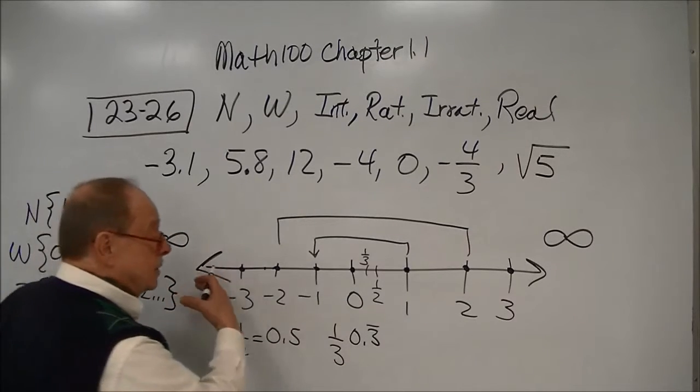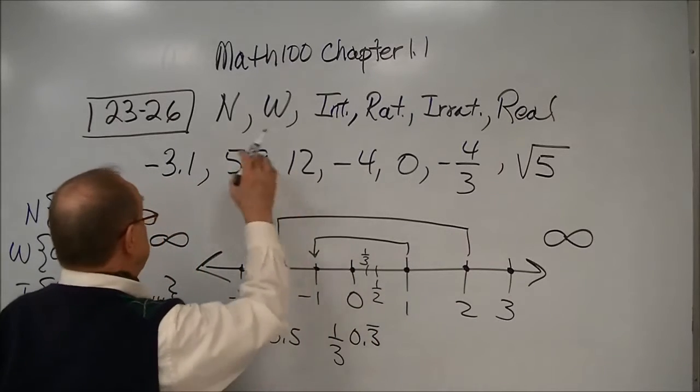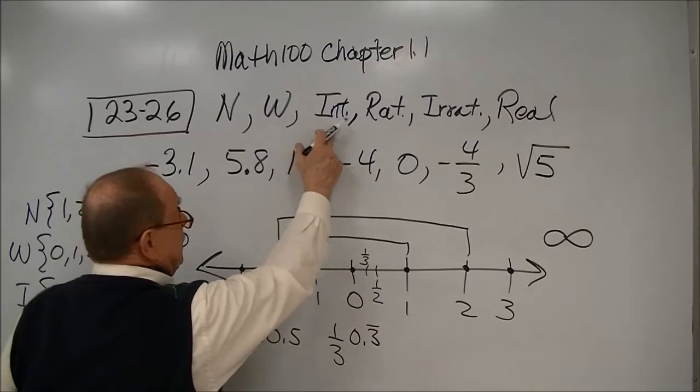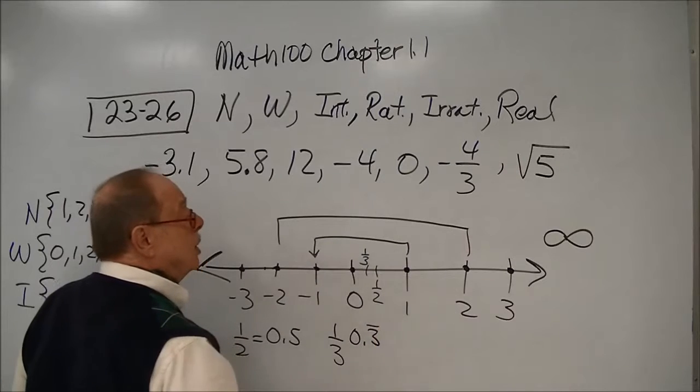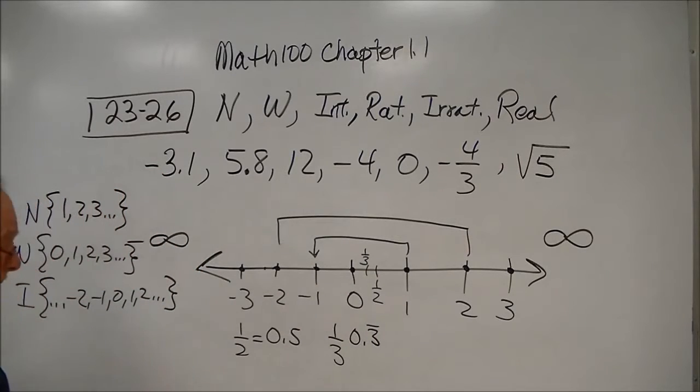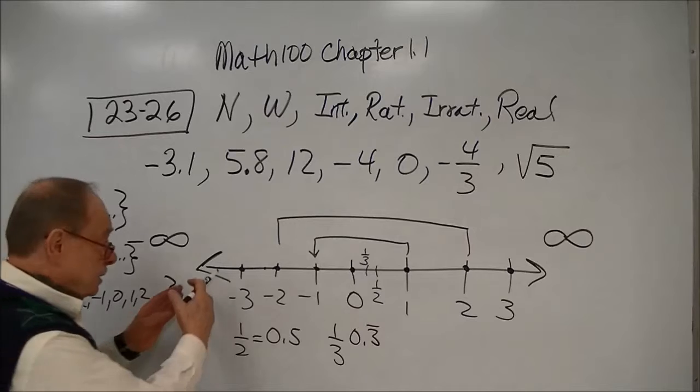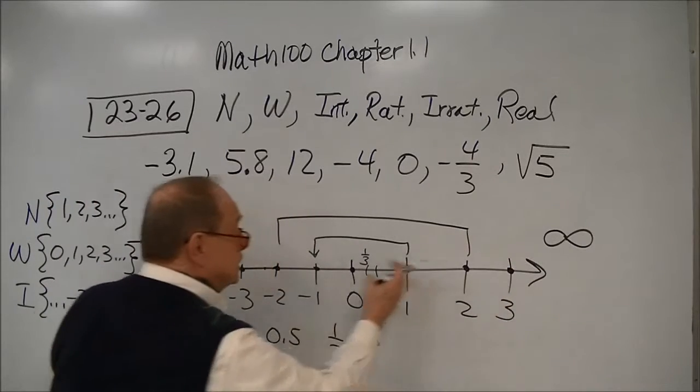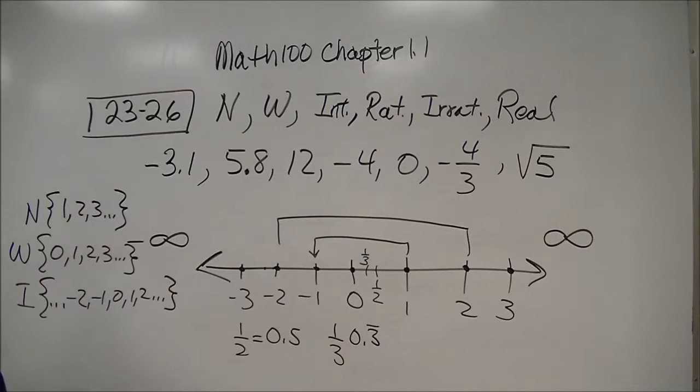These are also on the number line, but they're not any of these three. They are our next group of numbers called rational numbers. And rational numbers are most of the other numbers on the number line.